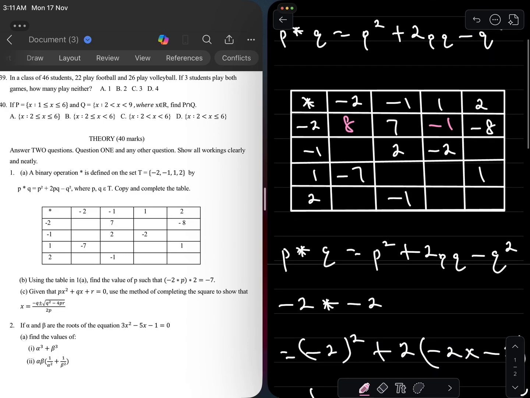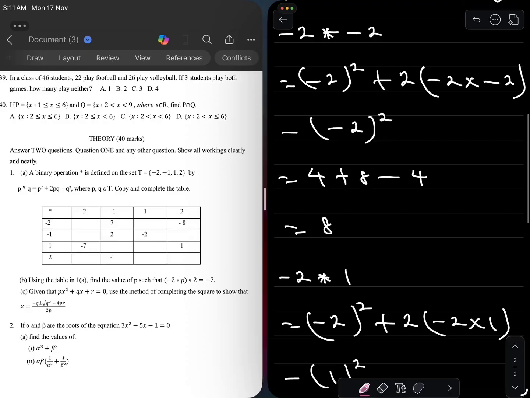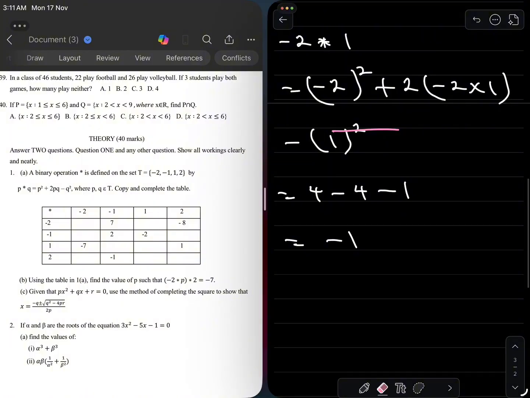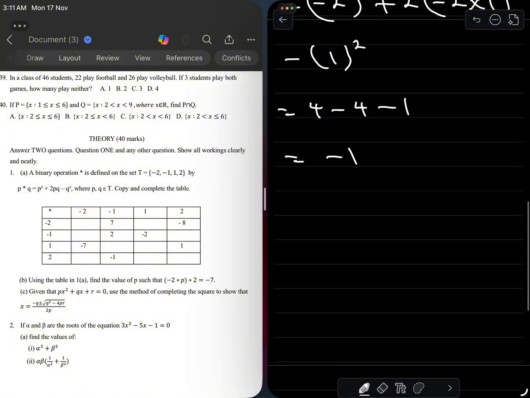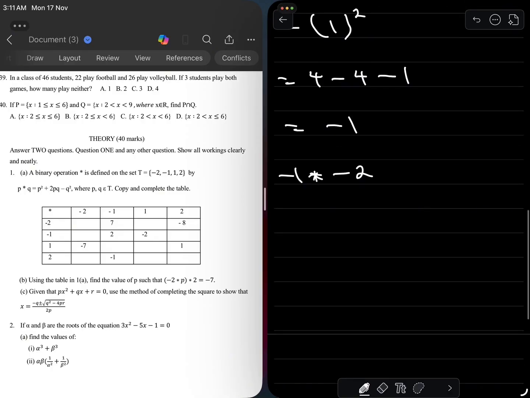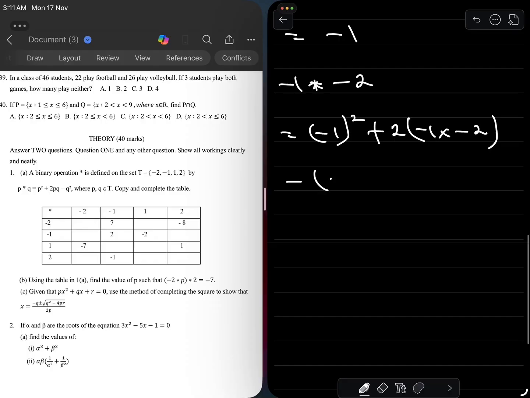Now to the next one. What is minus 1 asterisk minus 2? Minus 1 asterisk minus 2 is equal to P squared plus 2PQ, that means plus 2 into bracket minus 1 times minus 2, minus Q squared, that's minus the square of minus 2.